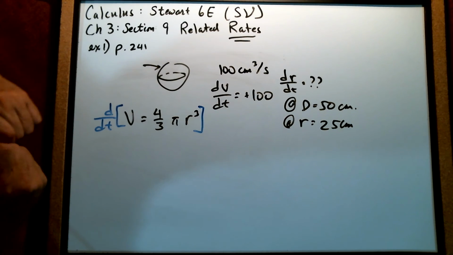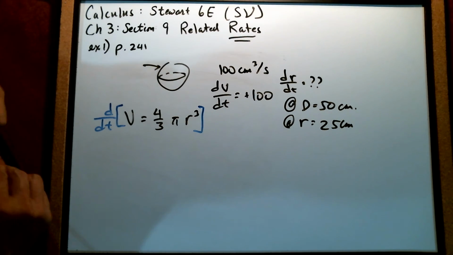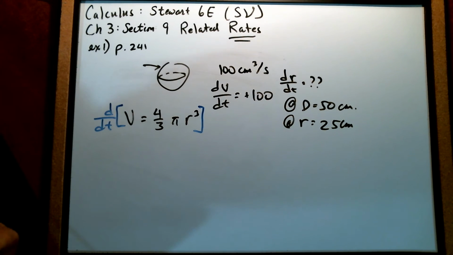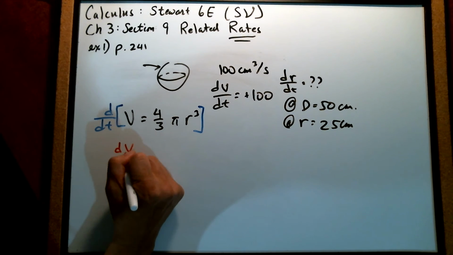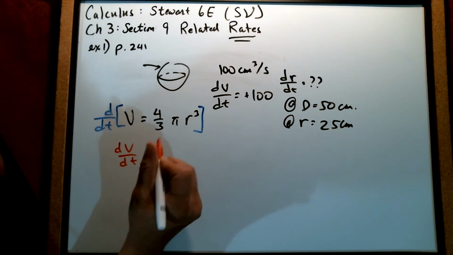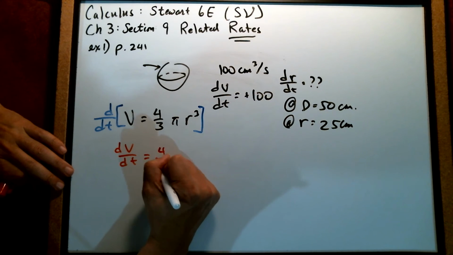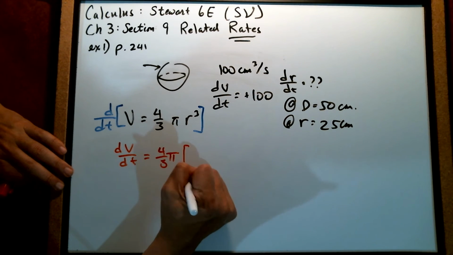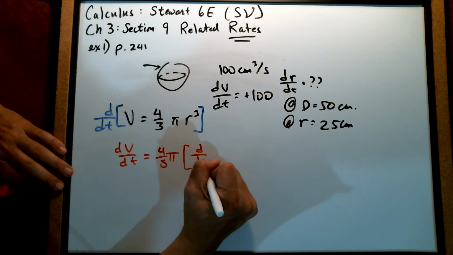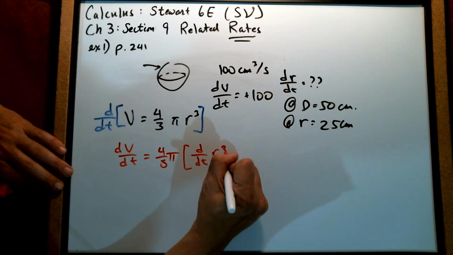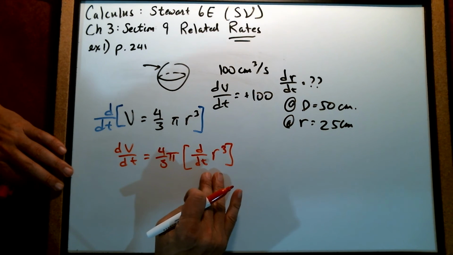On the left side, you end up with a very simple statement, dV/dt, the change in volume with respect to time. We're going to factor out 4/3 pi, and take the derivative with respect to time of r cubed. We already know how to do this.